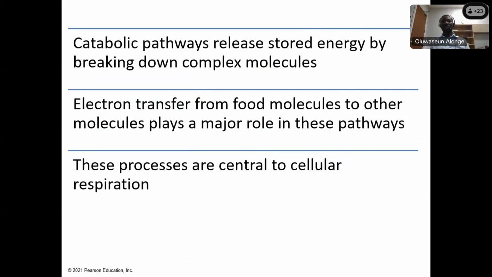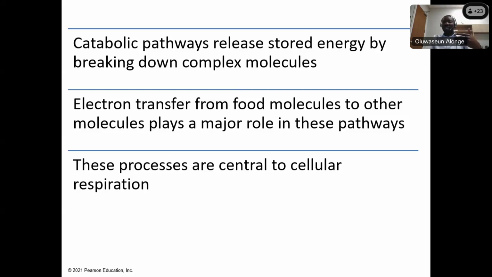All right, so catabolic pathways release stored energy. Again, this is an emphasis from chapter 8: catabolism releases energy, anabolism absorbs energy. In chapter 8, I told you that catabolic reactions are also exergonic reactions because they release energy to the environment.